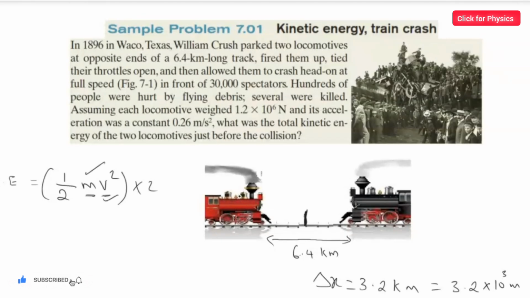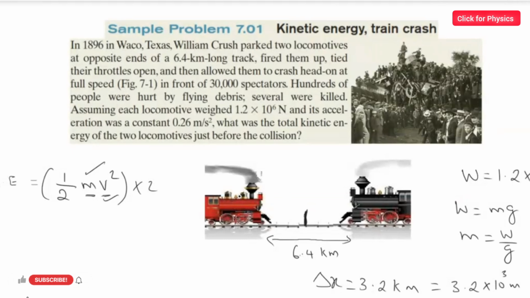Now we need information about the mass as well as the speed. How to find the mass? We have the weight of each locomotive, 1.2 × 10^6. From the weight we can easily find the mass. Weight equals mass multiplied by gravity, therefore mass equals weight divided by gravity.